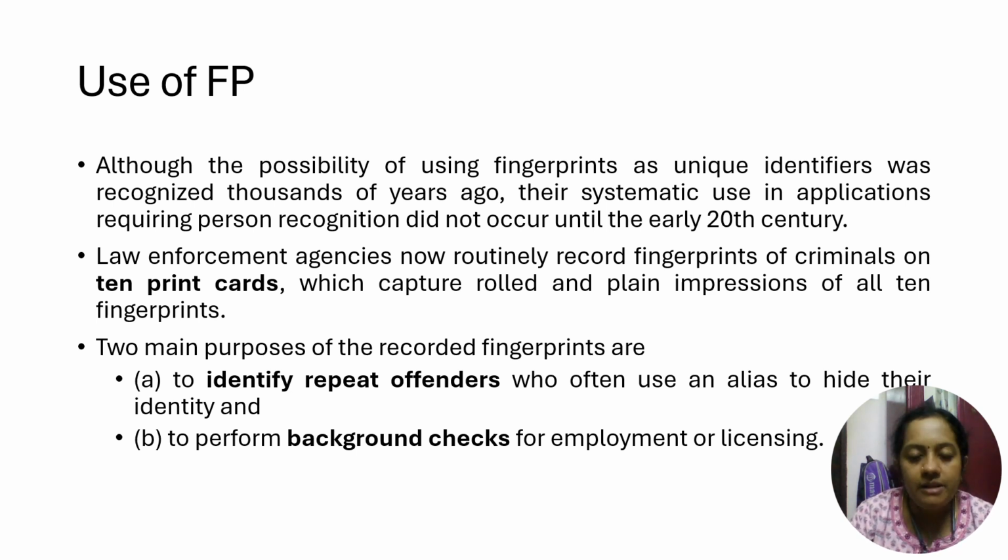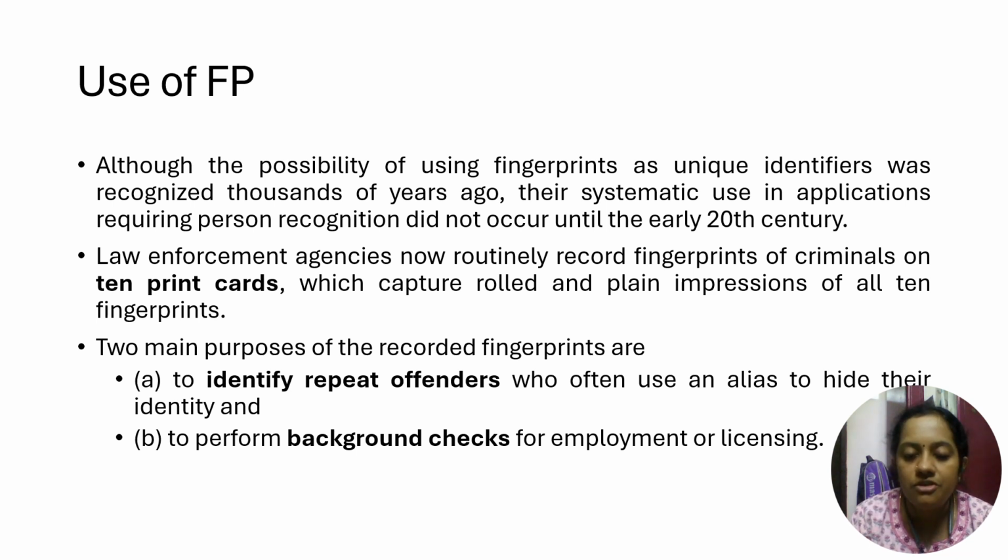In this slide, we'll be seeing the use of fingerprints. Fingerprints are used as unique identifiers, which means the fingerprints are unique to yourself alone. It is not repeatable even in your heredity. Law enforcement agencies now routinely record fingerprints of criminals on 10 print cards, which means all 10 fingers, the palm impression as well as the 10 fingertip impressions will be taken.